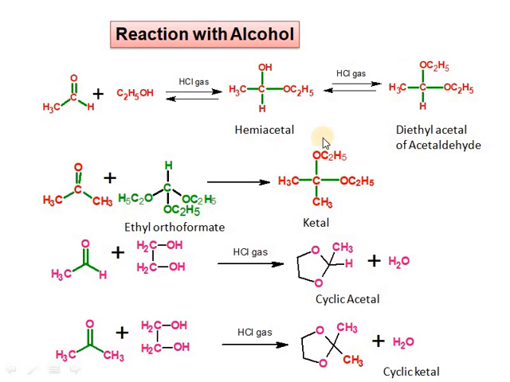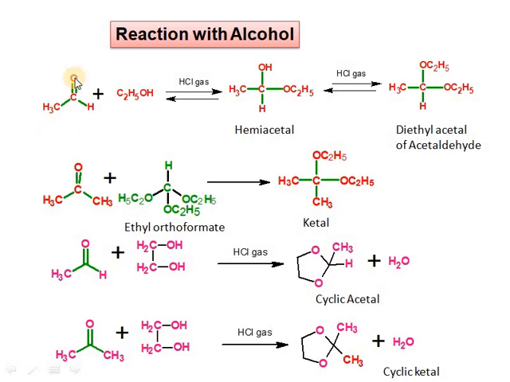These intermediates are named hemiacetals. And this undergoes substitution with another molecule of alcohol to give the acetal, that is, geminal diether.